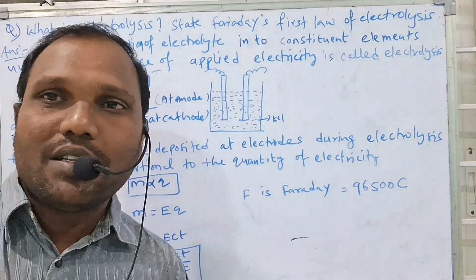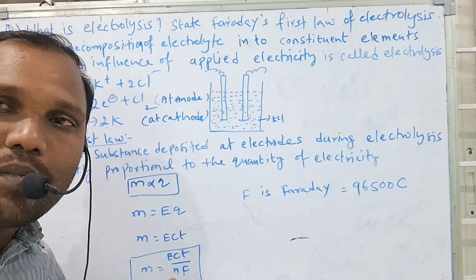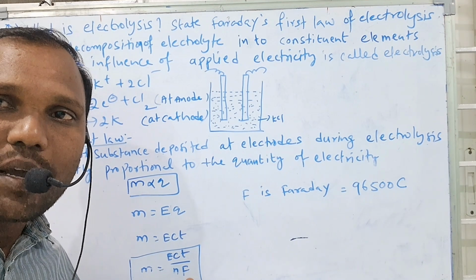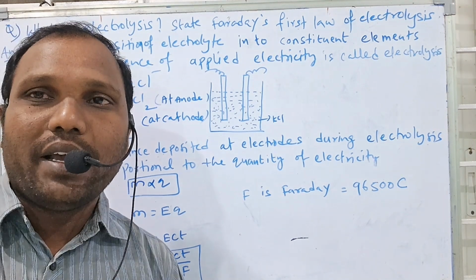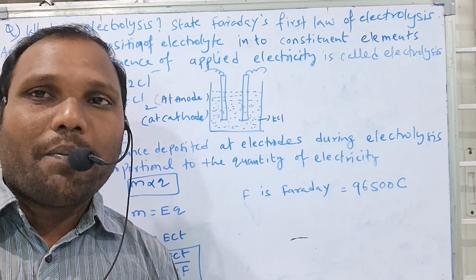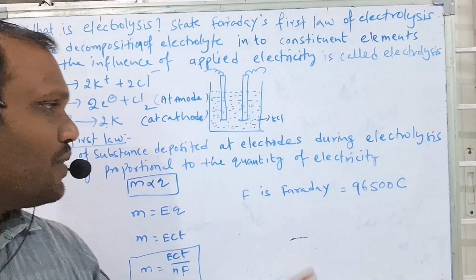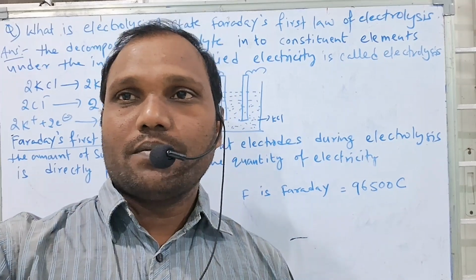Here when we insert the charge of electrons, denominator N will come, and the Faraday constant is introduced, that is capital F. So the equation is M is equal to ECT by NF. Here capital F is called Faraday. 1 Faraday is equal to 96,500 coulombs.